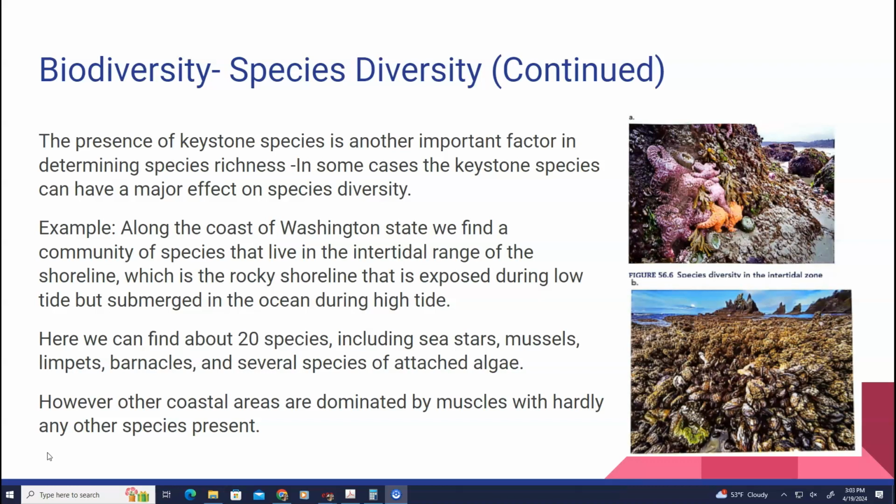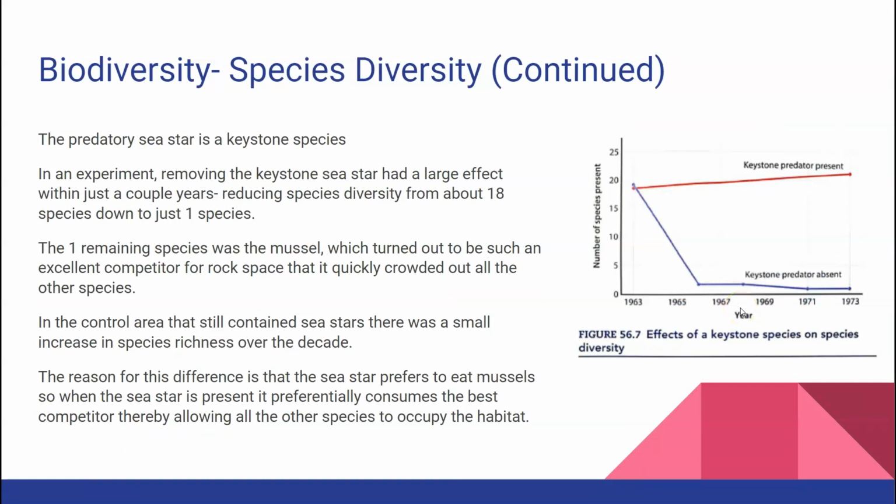However, other coastal areas are dominated by mussels with hardly any other species present. It's because of the predatory sea star, which is a keystone species. Removing the sea star had a large effect within just a couple of years, reducing species diversity from about 18 species down to just 1. The one remaining species was the mussel.